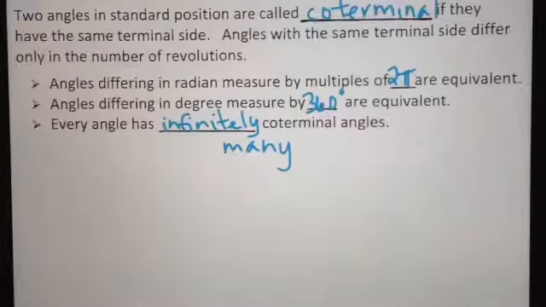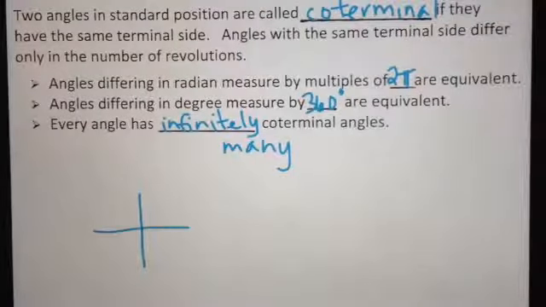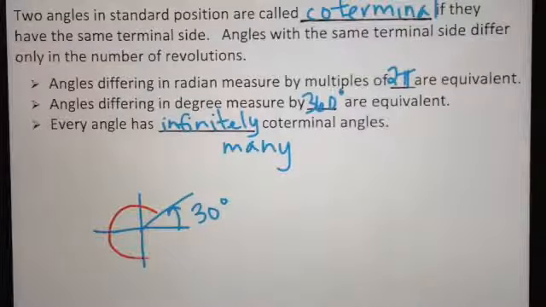Let's, off to the side, go ahead and draw a picture of this. So let's say that this is the picture we're talking about, and our angle goes up about 30 degrees. So this is 30 degrees, all right? Now, if I wanted, I could continue around the circle, so going all the way around the circle, I'm at 360 right now. If I continue going past 360 to 30 degrees, I end up at the same spot.